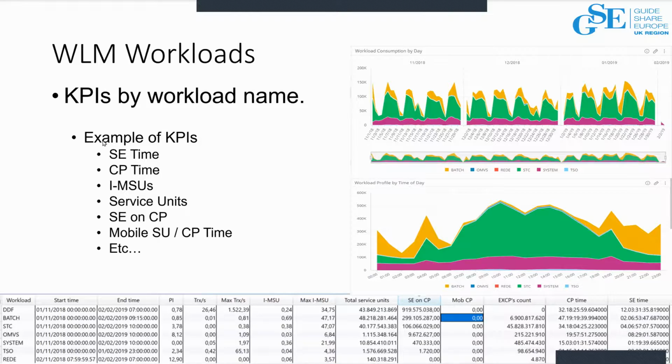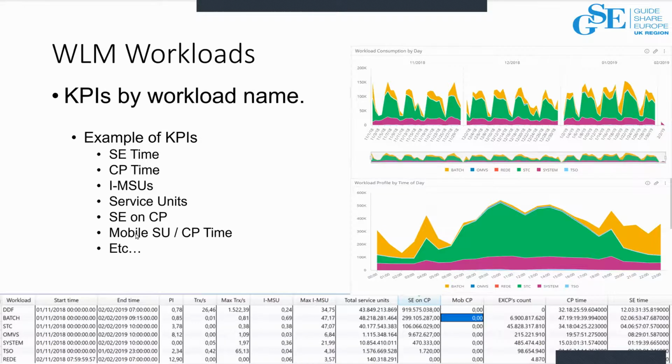Some examples of KPIs you have here are the inspection engine used on the environment, the CP time, IMSU, service units, and SE on CP. This is a really nice KPI that you can use to understand the workload eligible to run on inspection engines that is working on general processors.